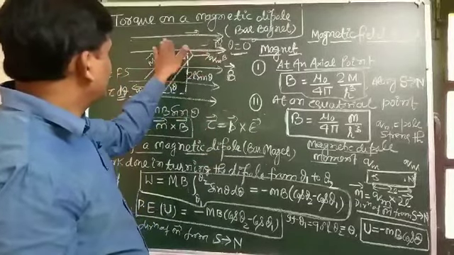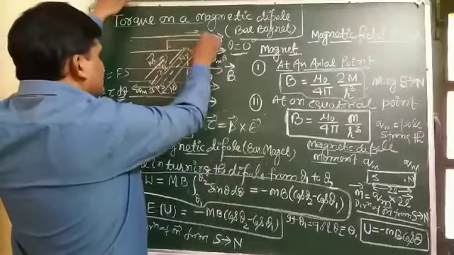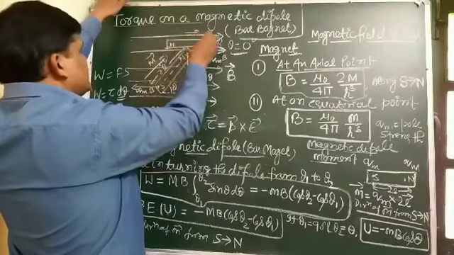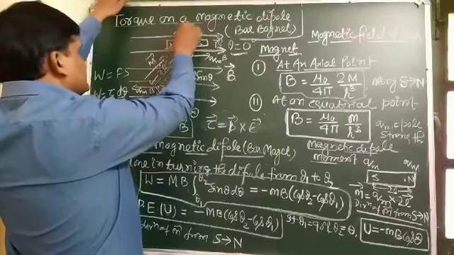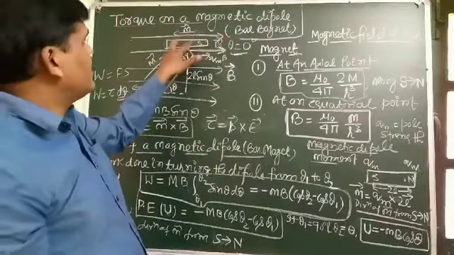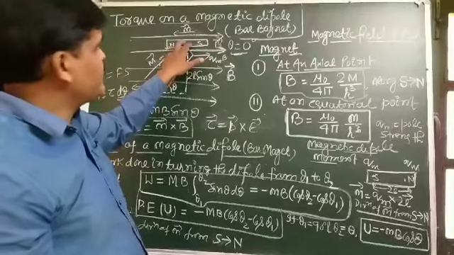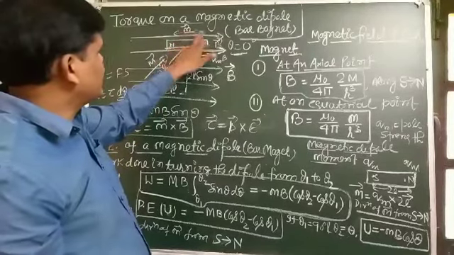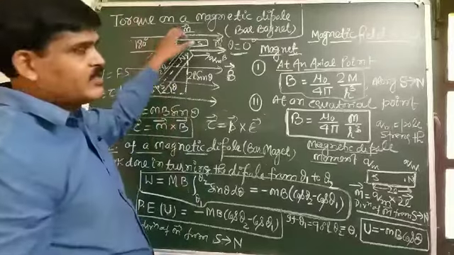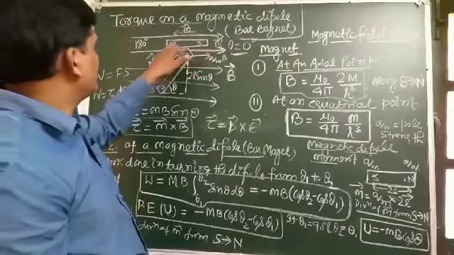In unstable equilibrium, the magnetic moment will be from S to N in this direction, and the magnetic field the other way. So the angle between the magnetic moment and the magnetic field is 180 degree, because the direction of magnetic moment is from south to north.